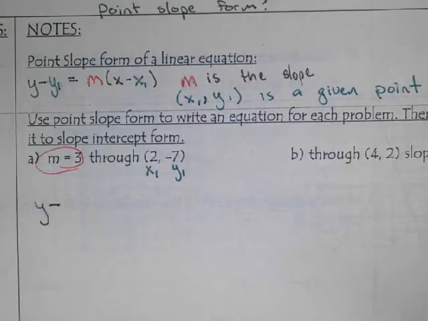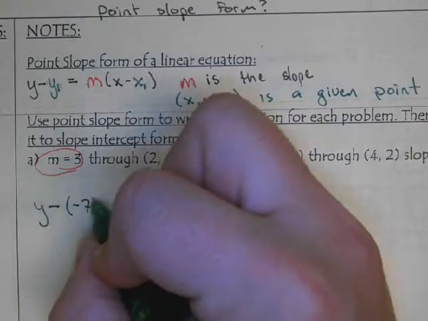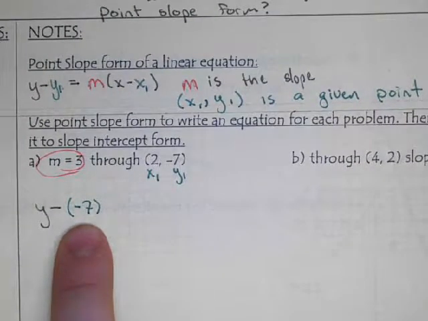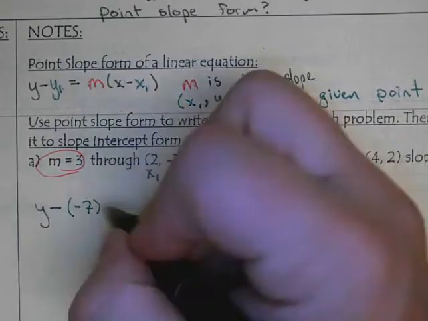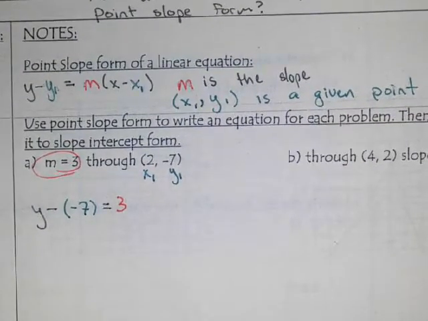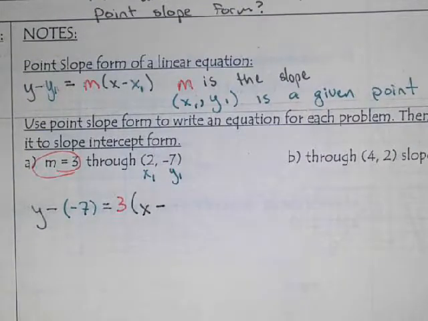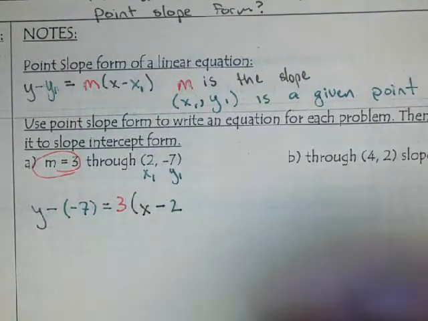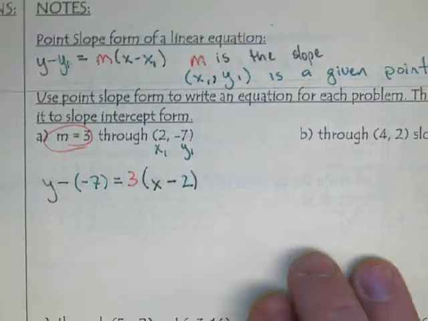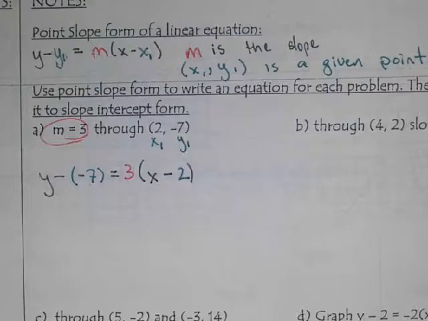Y minus y1, and y1 is negative 7, so it's minus negative 7, so be very careful with that, is equal to 3 times x minus 2. Like that. So there's our slope, there's our y1, there's our x1, plugged right in.